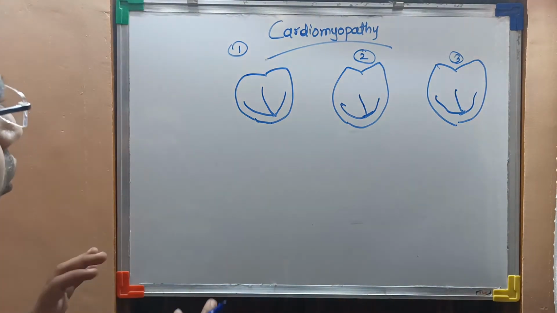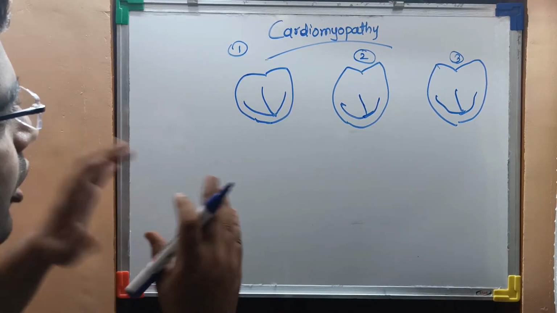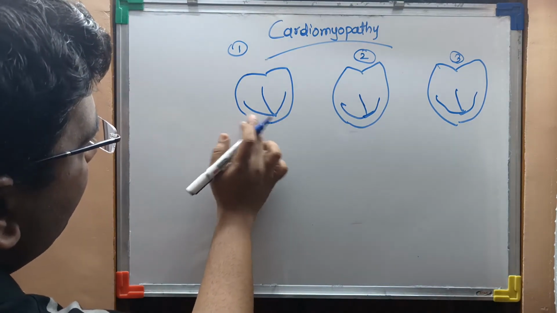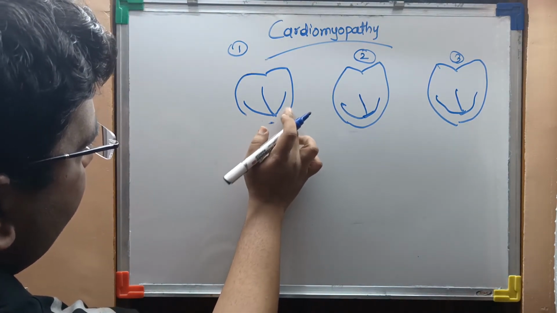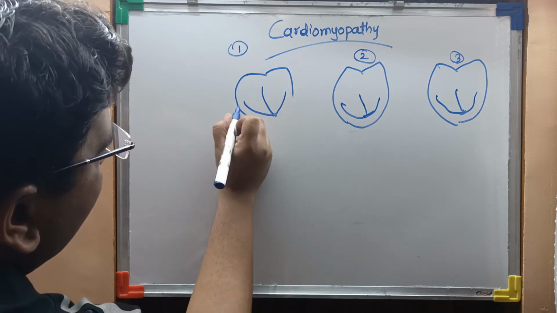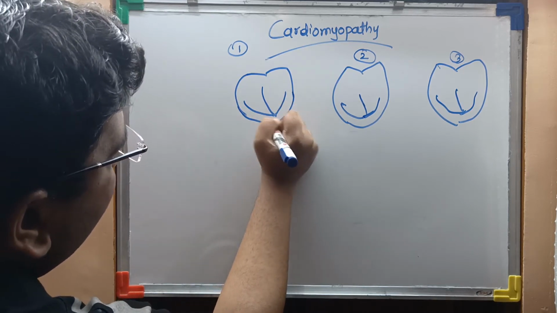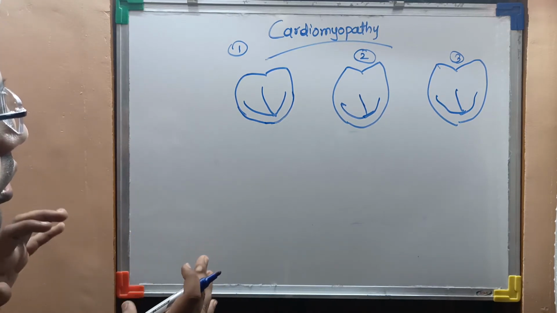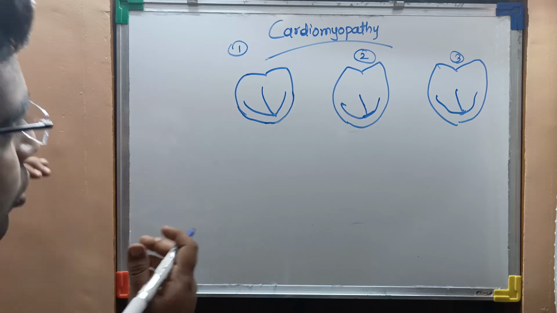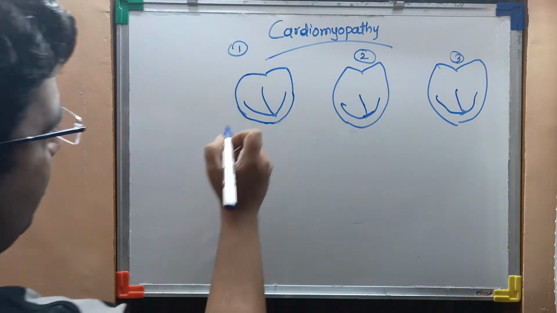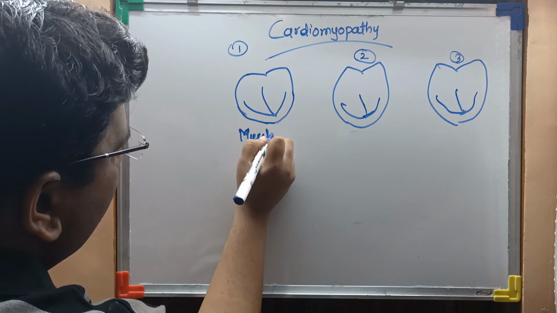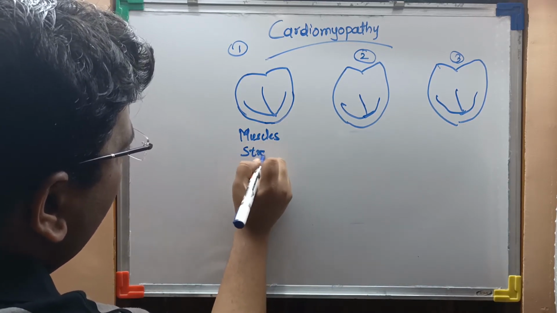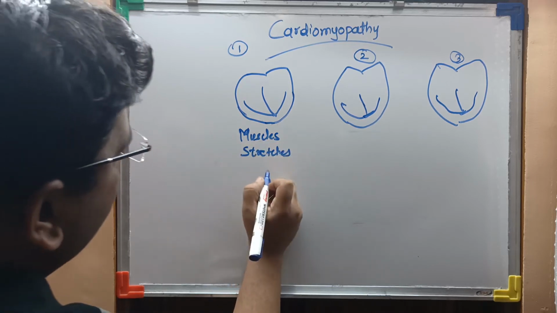Now, we will focus on the three types of cardiomyopathy. In the first type, the heart dilates to an excess size, more than enough, so the muscles of the chambers are stressed a lot and become thin.